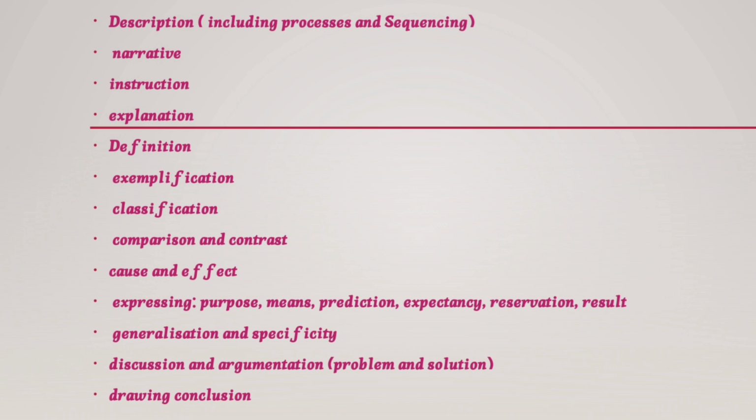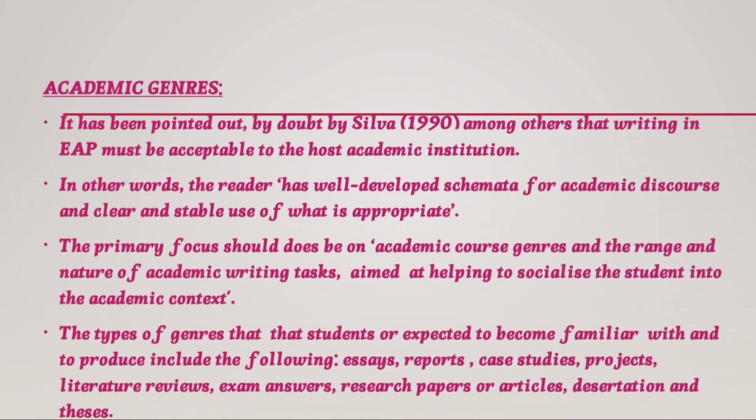An alternative to the above general approach is for books to be more specific or restricted in their focus. This leads into a consideration of academic genre. It has been pointed out by Silva in 1990, among others, that writing in EAP must be acceptable to the host academic institution.